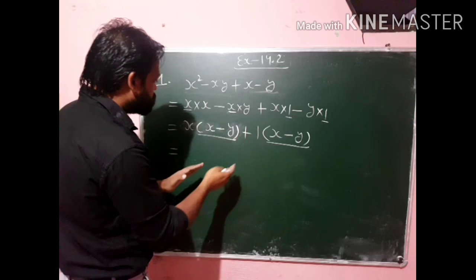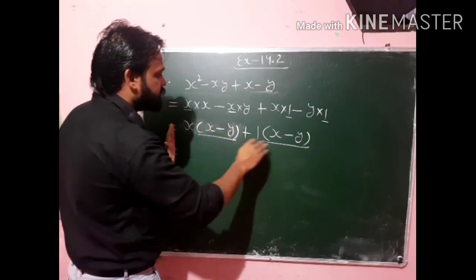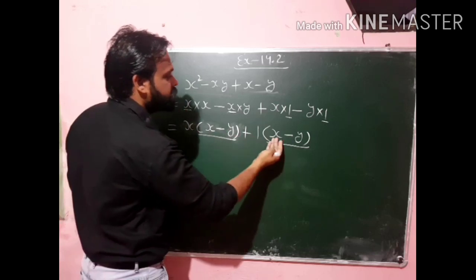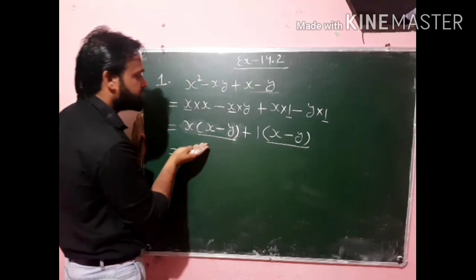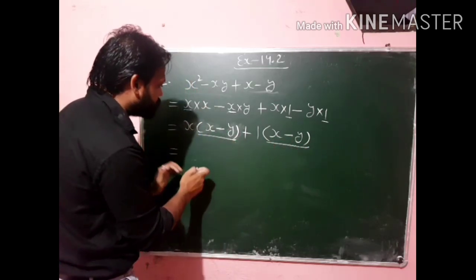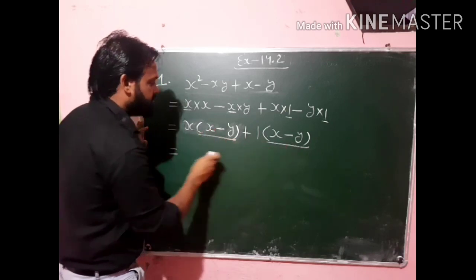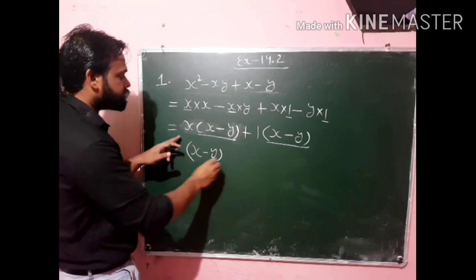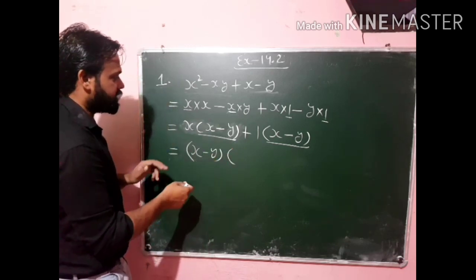Now in the third step, while solving the second step, we reached here. Now you can see this is x minus y and this is x minus y, means these two brackets should be the same. Now in the third step we have to take this x minus y common. So how many terms did we get inside the bracket?